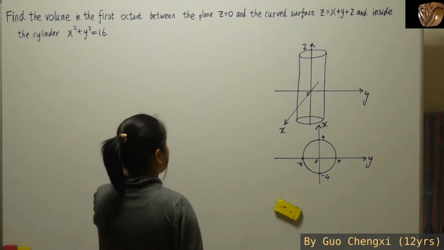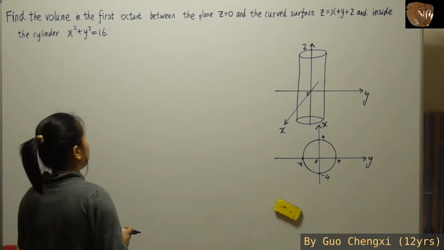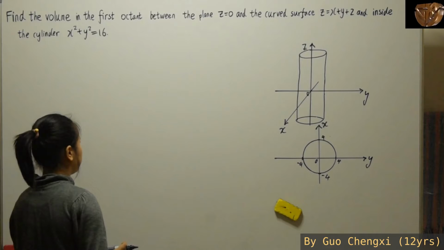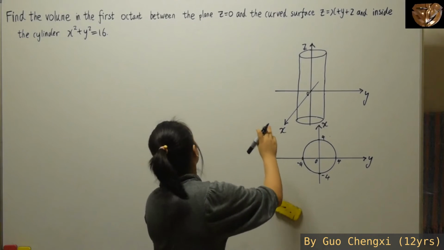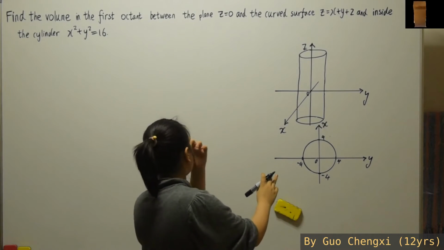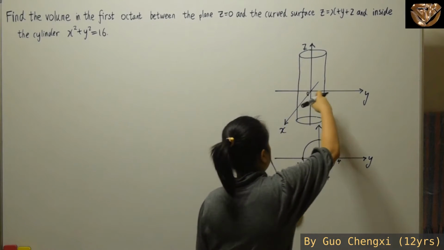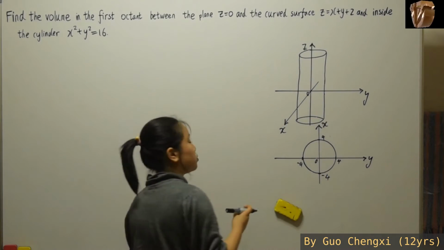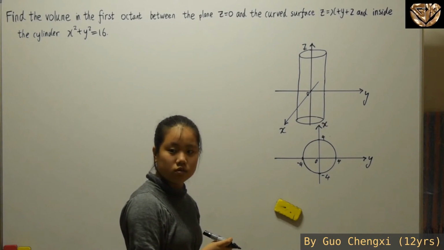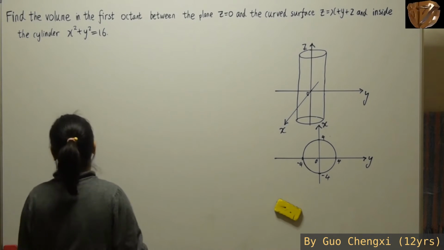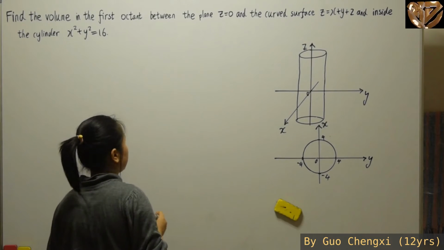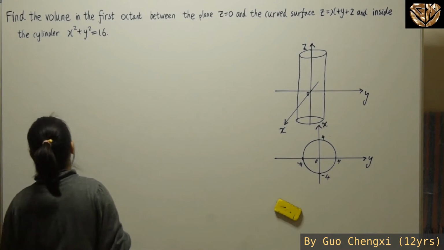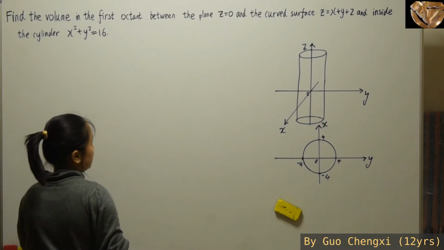Just because it is three-dimensional doesn't mean it's going to have triple integration. And because it's only for the first octant, we are only going to have positive x, y, and z. So we're going to use double integration in this example, although we're finding volume.